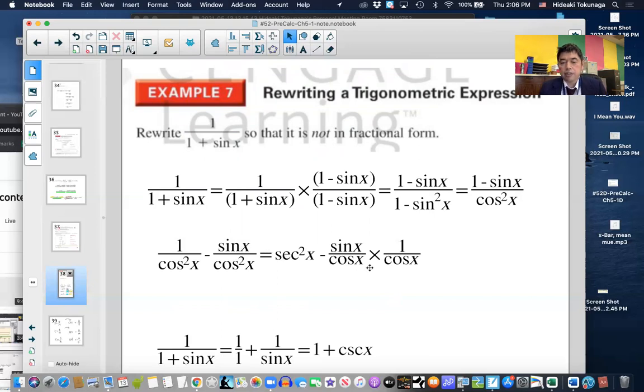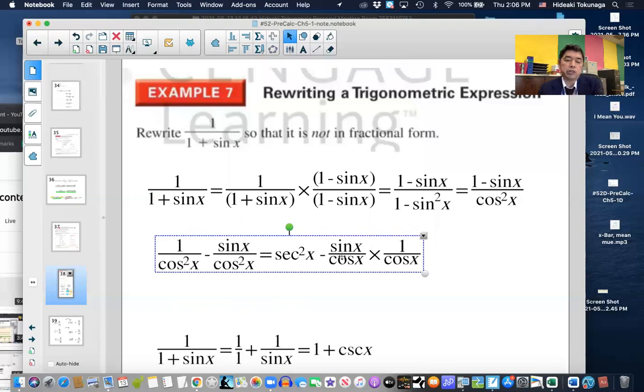Okay. Now, what is common? How can you get rid of the fraction? You have to multiply everything by cosine x over cosine x, which is 1.